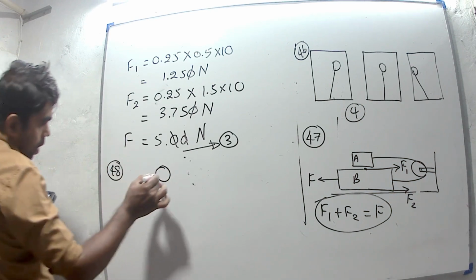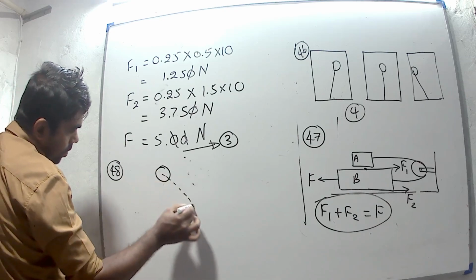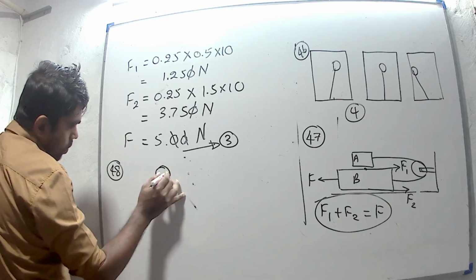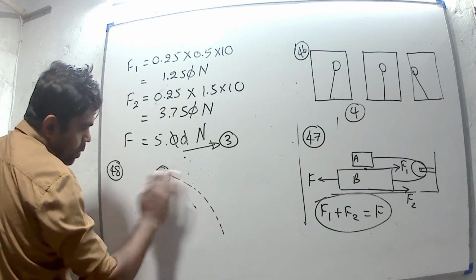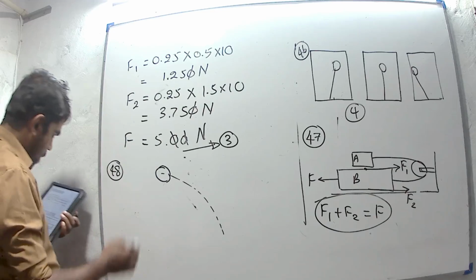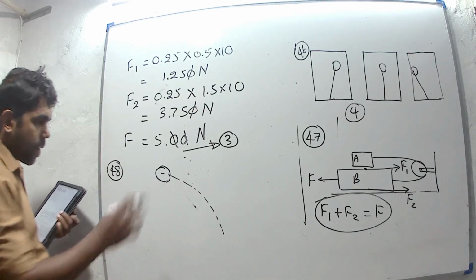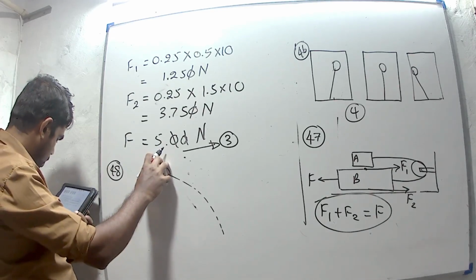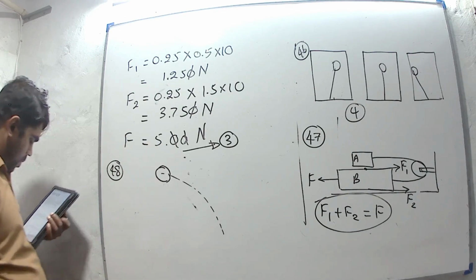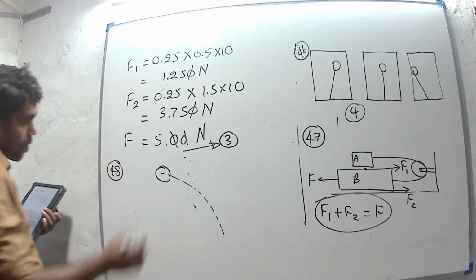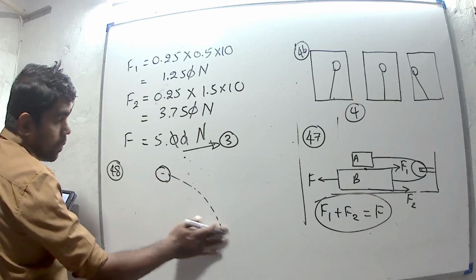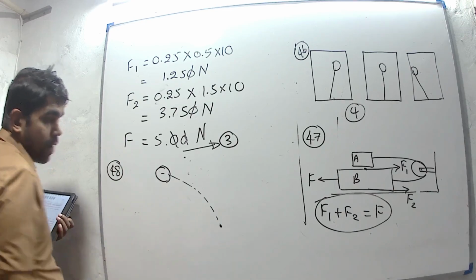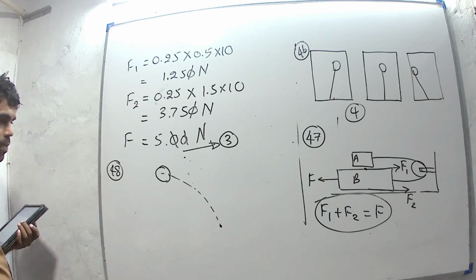Therefore, if this original object is moving in this path, when it is exploded, it should be two equal parts. The center of gravity should be the same as this point when considering the system.